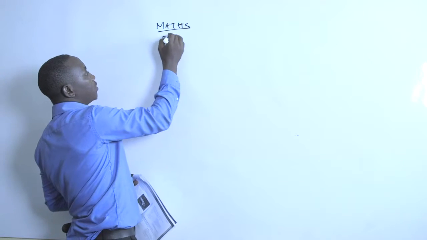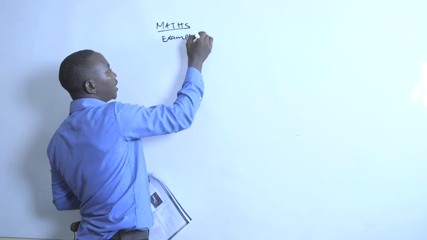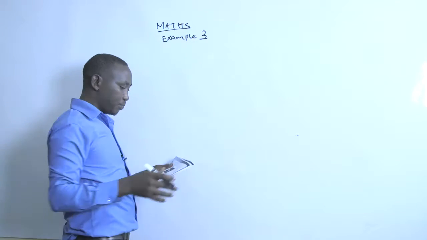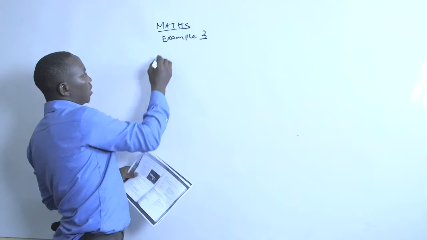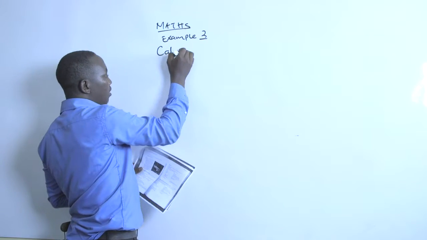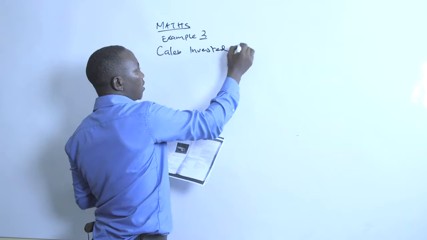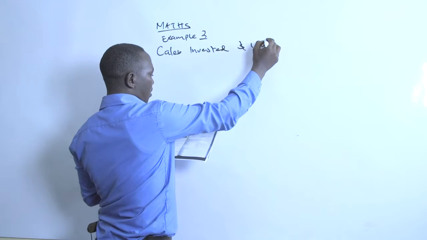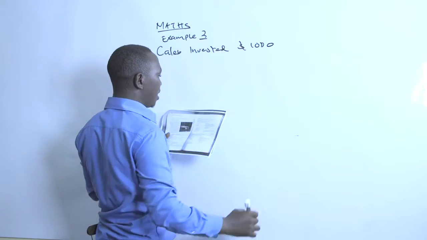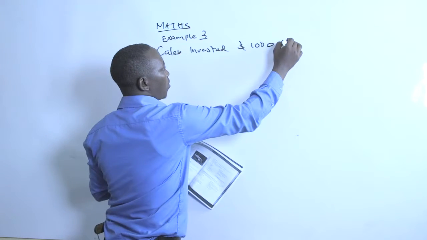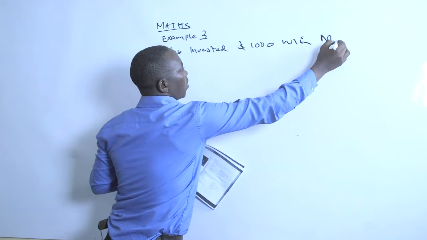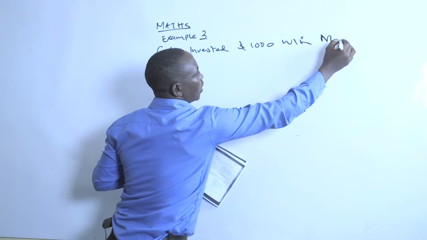Another example on compound interest formula. Caleb invested $10,000 with Mental Bank.